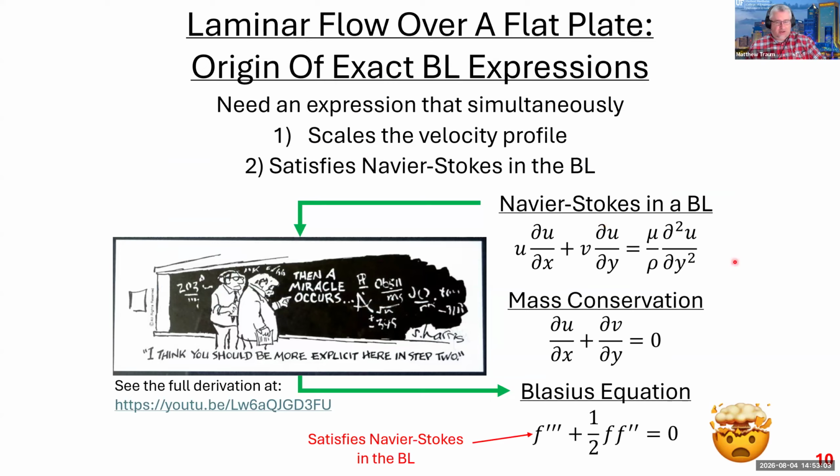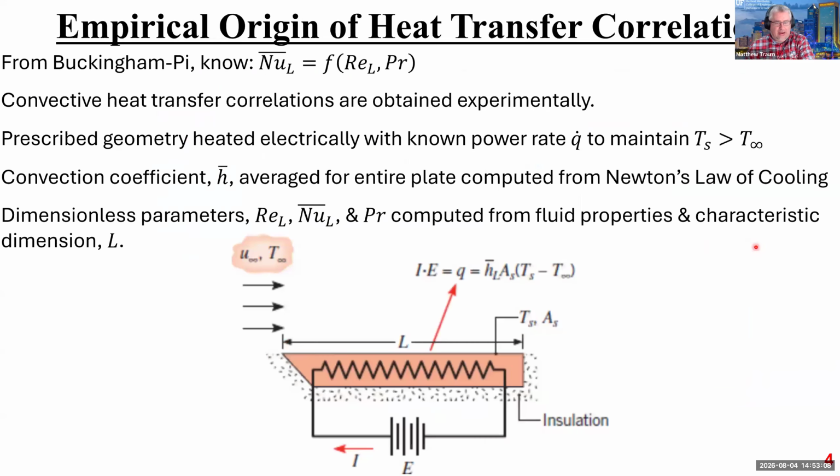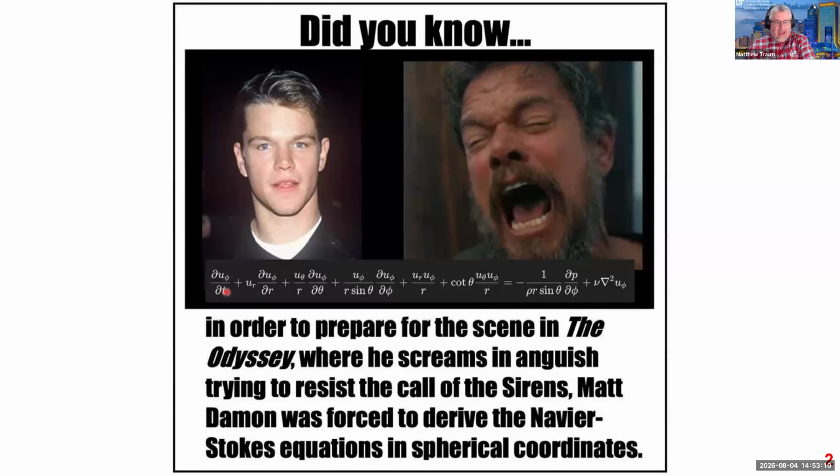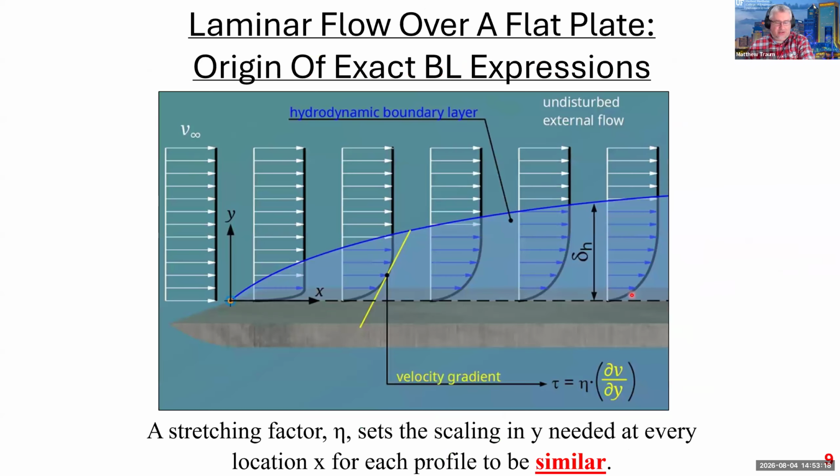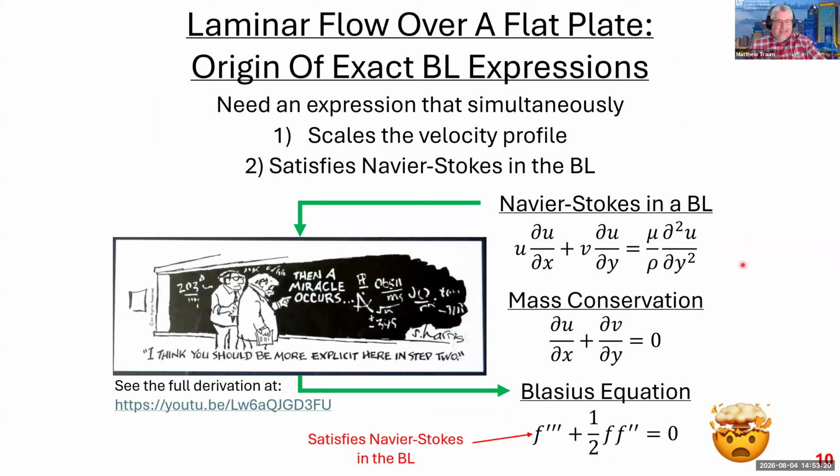This is also super cool because, as we talked about in fluids, remember our screaming Matt Damon, the Navier-Stokes equations almost never can be solved. There are very few situations for which they can actually be solved to find a closed form analytical solution. It turns out that inside the boundary layer for flow over a flat plate, that's one of the like 5 situations where you can actually get a solution to the differential equation that represents the Navier-Stokes equation.